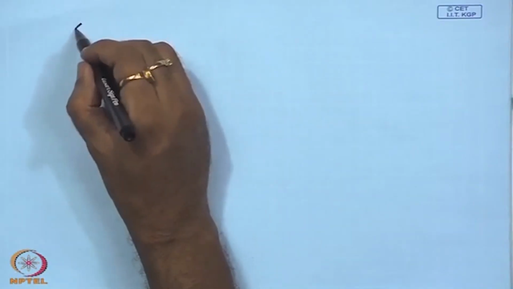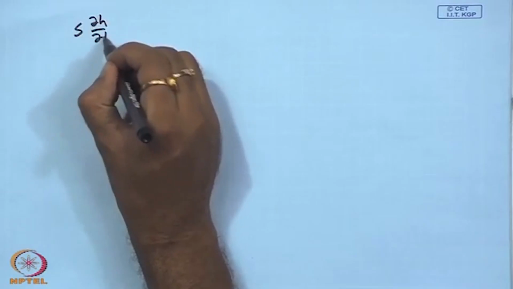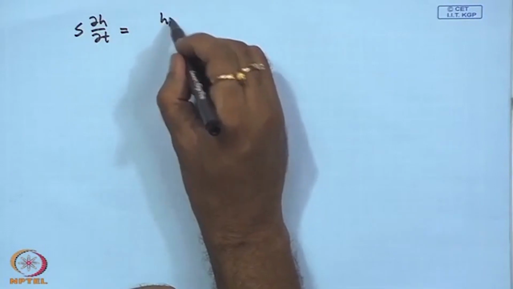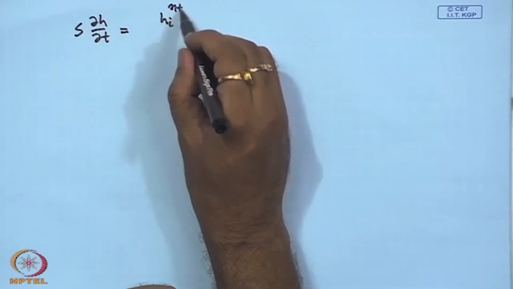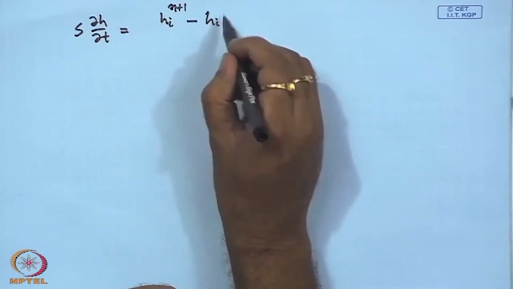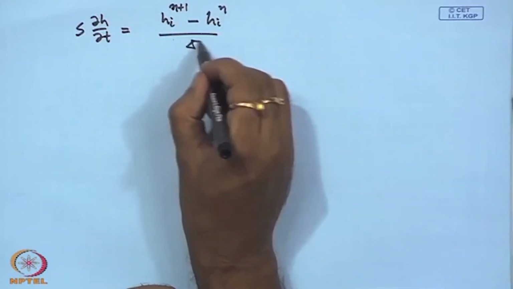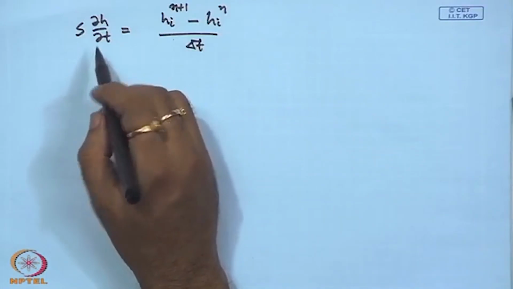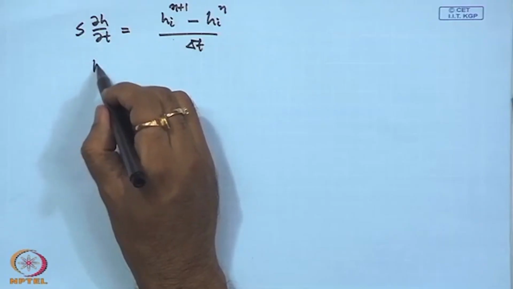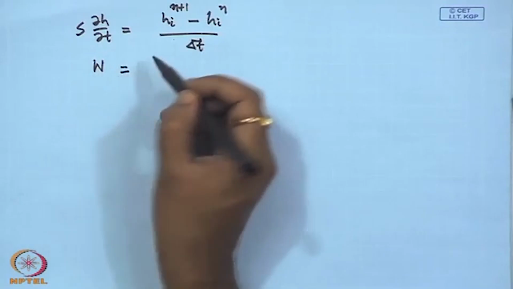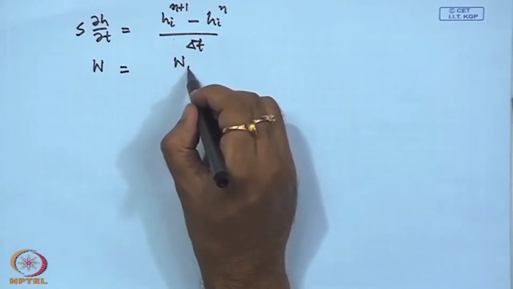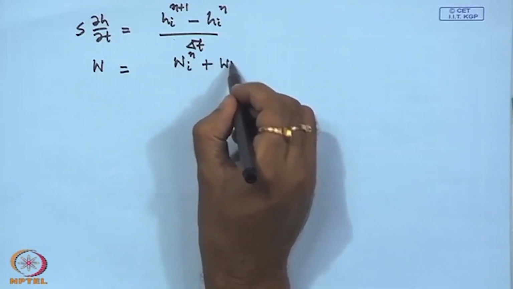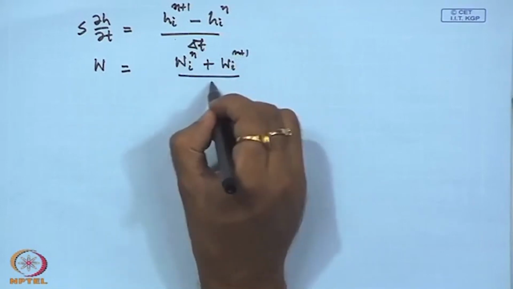And if we discretize this time dependent or transient term, it is h i n plus 1 minus h i nth level over del t. Also, we can discretize our W, that is the average between the ith nth level and the i n plus 1 level.